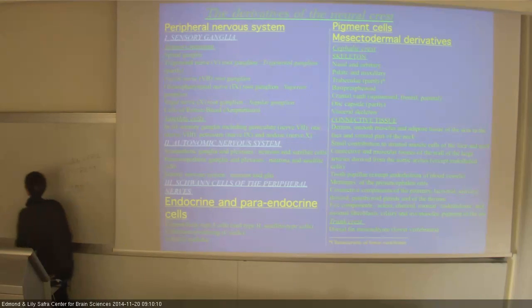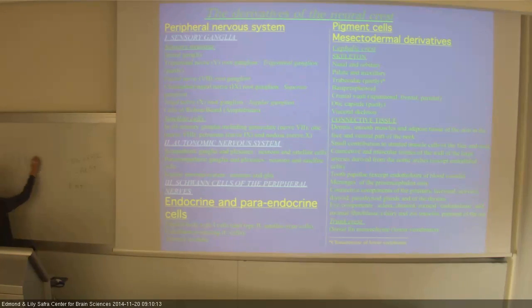Let me just draw it for you. If we have here a section through the brain, because we are talking only about cranial regions, what we see is that the crest will organize, for example, let's look at the trigeminal ganglion, which is the most complicated one. The trigeminal has an ocular component and a mandibular component.